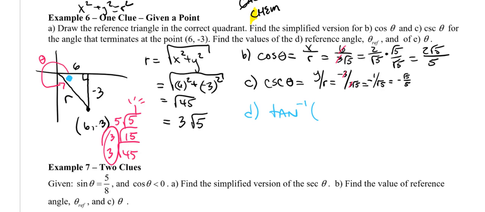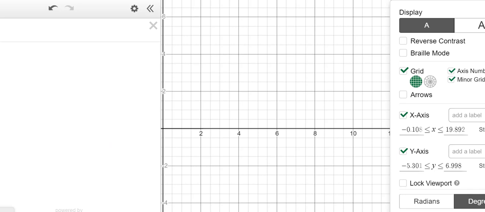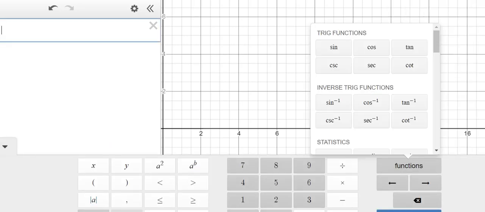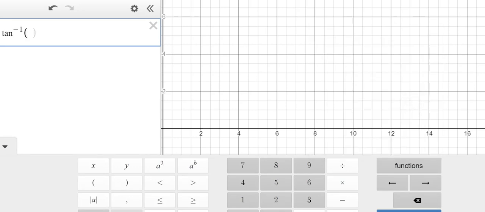So arctangent of -3 over 6 is going to give me this value. When I type that in to my graphing utility, whatever you're using, you can get the little piece right there where you go into the keyboard, and then functions, and arctangent is going to be one of them, and then we have -3 over 6.